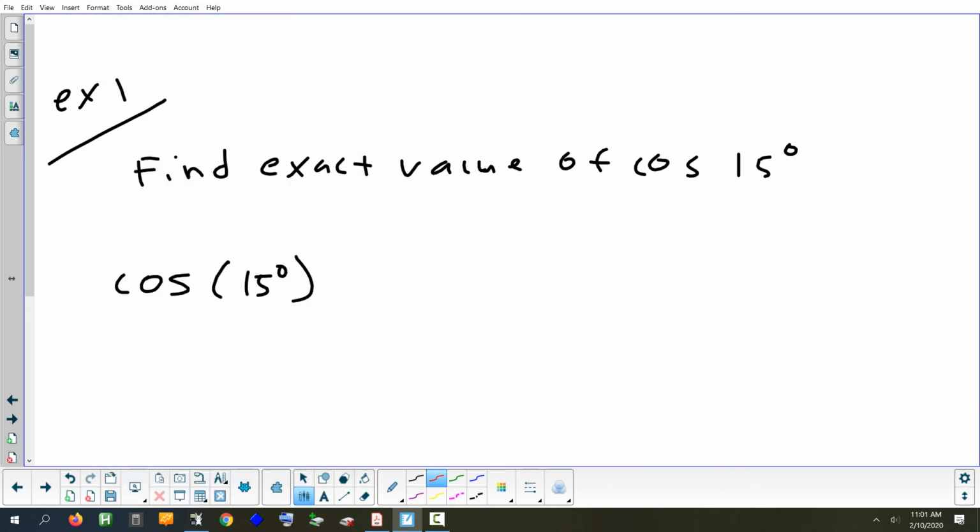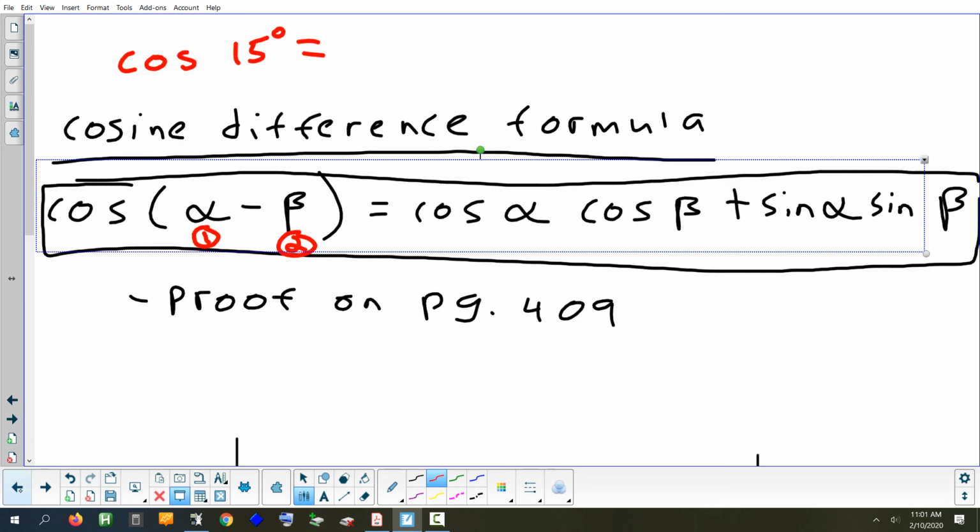So the way you can figure out cosine of 15 is you're going to use this formula, and you have to pick a number for this and pick a number for that. So when you subtract them, the answer comes out to 15. But you can't pick any two numbers here. Like you could say, well, could I do 20 and 5? Yes, but then the problem is going to be when you try to fill in 20 for alpha over here, we don't know how to take the cosine of 20.